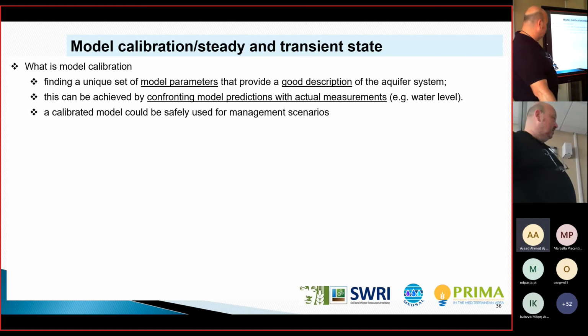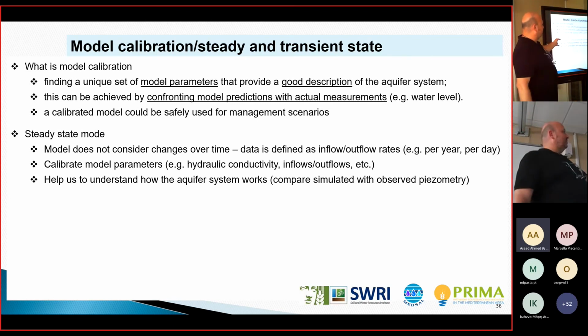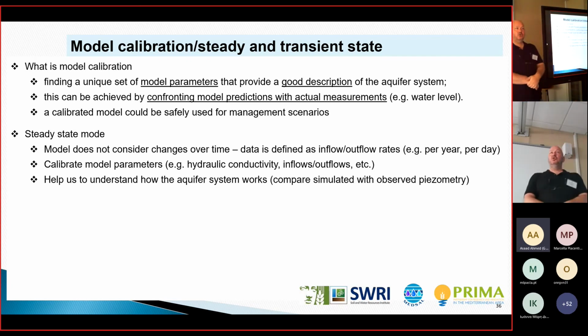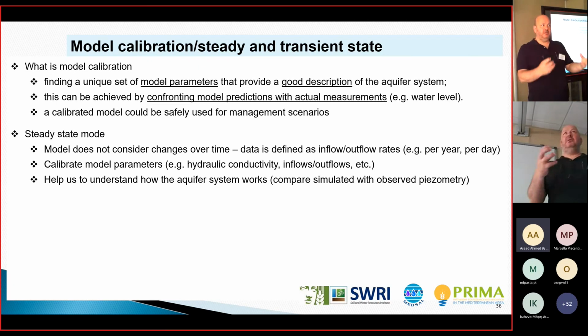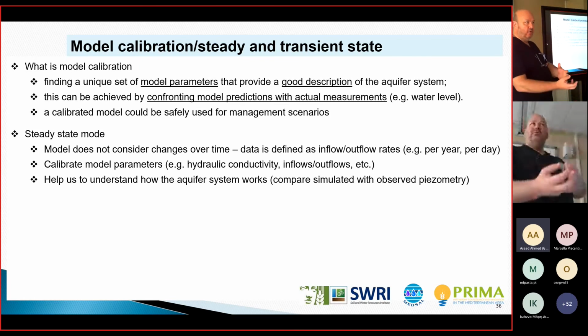In groundwater, because calibration might not be so trivial or easy a job, we usually calibrate the model in steady state mode and then in transient mode. In steady state, the model does not consider changes over time, so we don't have the concept of time in the model. The data that we use in steady state could be defined as inflow or outflow rates.